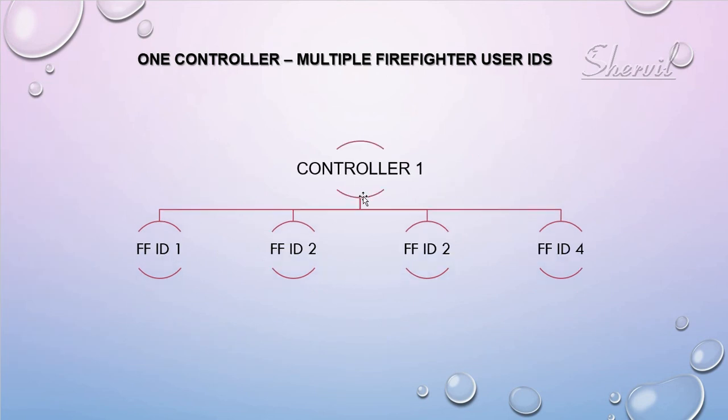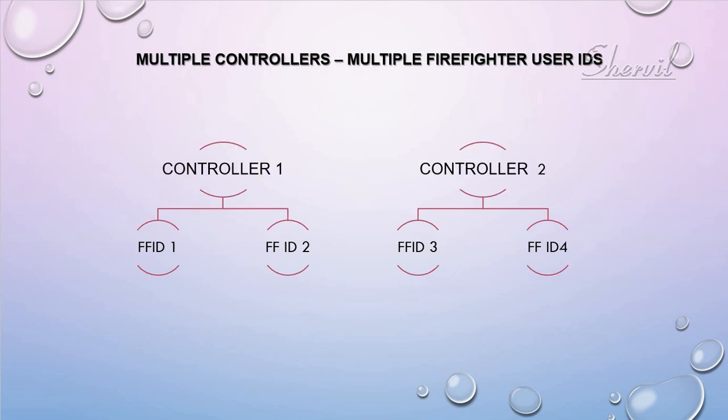Similarly, same case with controllers. You could have one controller for all the firefighter IDs in your company, especially when you have a smaller implementation with not too many users, the team is not big. You could have only one controller, and he would own all the firefighter IDs that get created. Or you could also have multiple controllers. So you could have one controller for, let's say, the finance area, another controller for the SD area, from a business area standpoint.